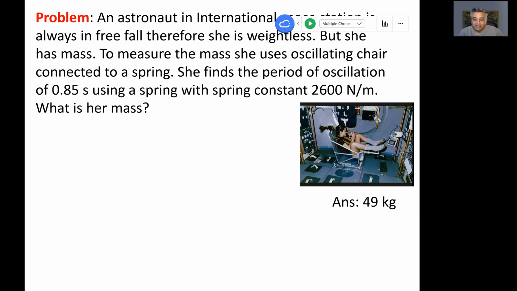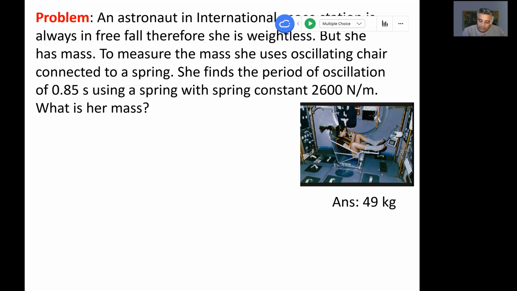So that means you feel weightless. Weight 0 does not mean you have 0 mass. So if you want to find mass, how do you do it? Your scale is not going to give you weight. Here on the earth, we find weight, rather than mass.